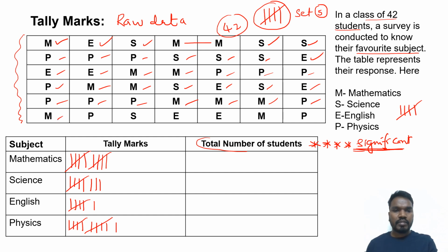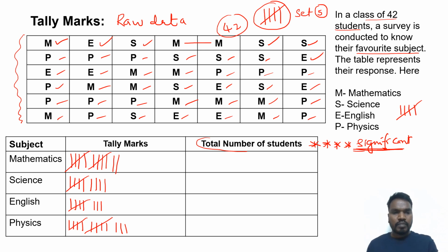M again. Here M. And P again. P. Yes. And science. So fourth line. English. So we'll make it two lines. Then math, and next physics. Right.